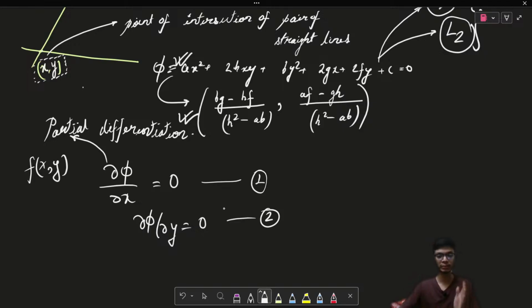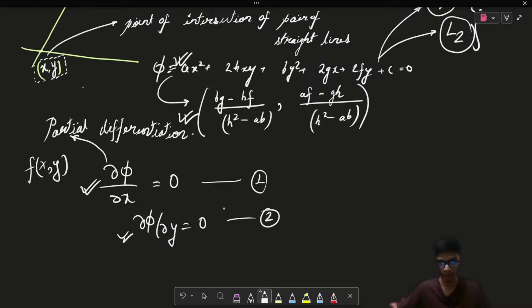So when you have a function of multiple variables, keeping the other variables constant, you just differentiate the function with respect to the variable that you are differentiating partially. Okay, so that is the concept of partial differentiation.